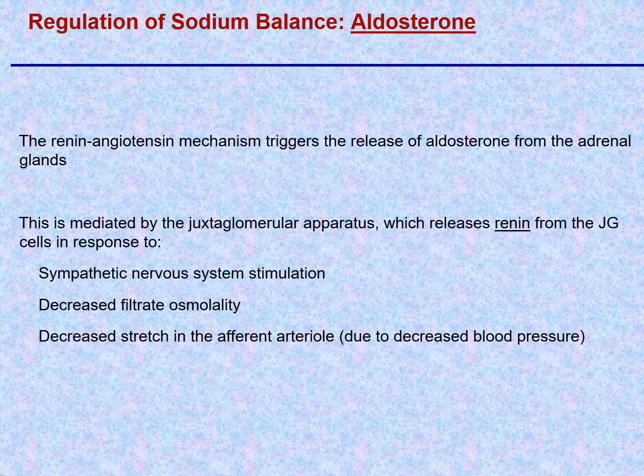So the other thing that's related to urine, that's related to the release of aldosterone from the adrenal cortex, is the fact that the renin-angiotensin mechanism will trigger release of the aldosterone.